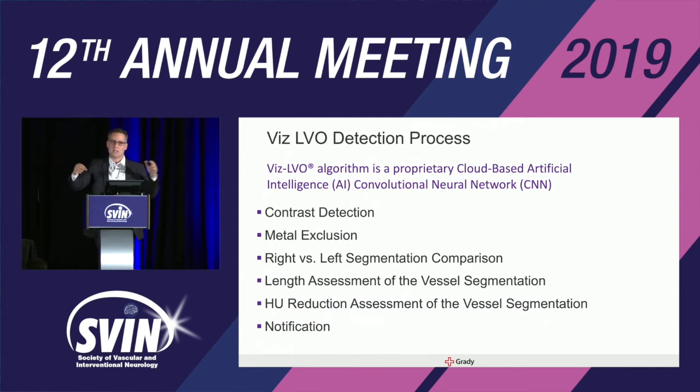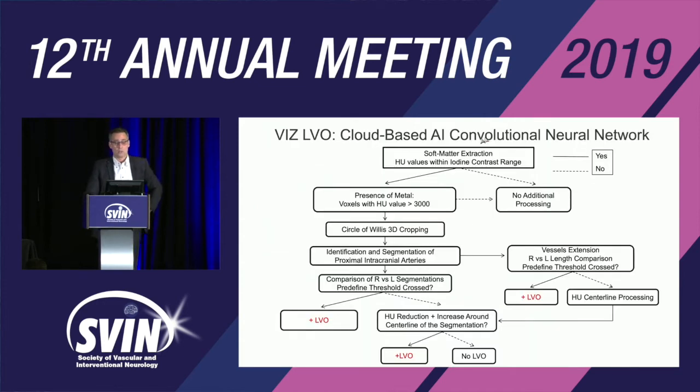And now these things have preset thresholds that will trigger an alarm. Finally, the system looks at these central lines and sees if there is a drop in the Hounsfield unit across this line. So if you have contrast, lack of contrast, or less contrast, and then more contrast, it also triggers a response.